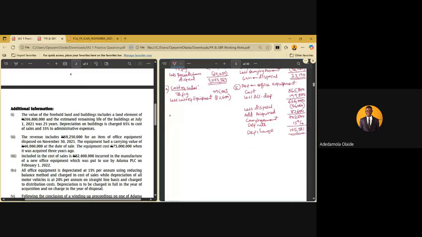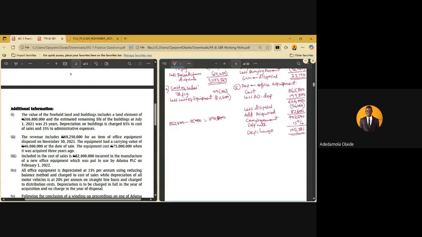However, I can as well do it this way and say the existing asset cost is 865,800 less the cost of the one disposed 75,000, and this will give us 790,800.